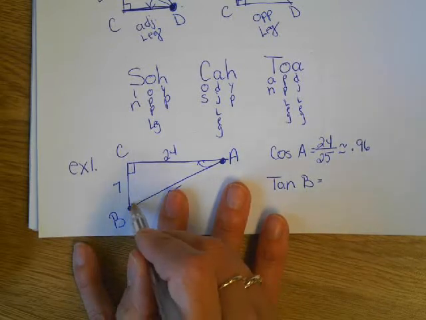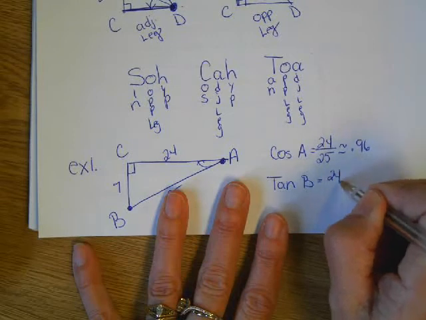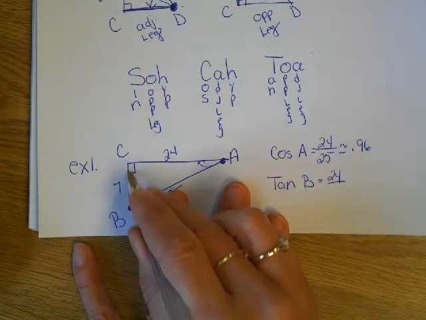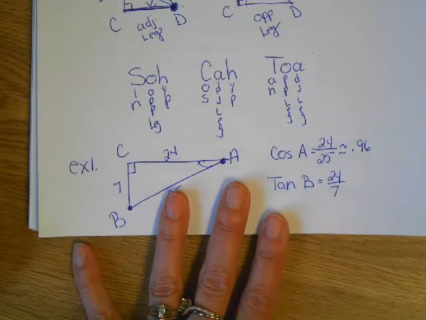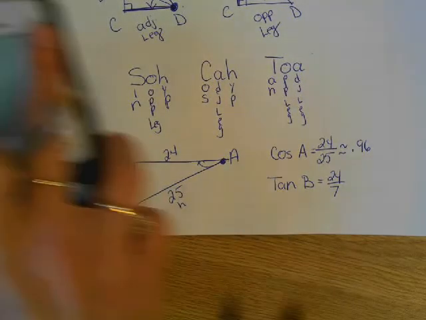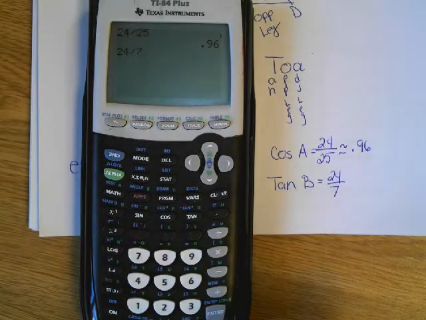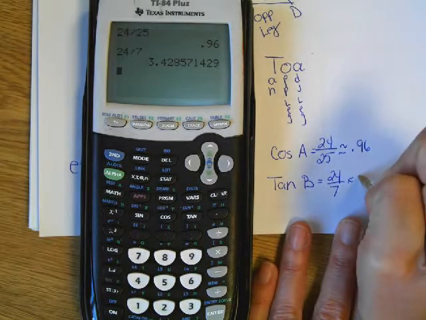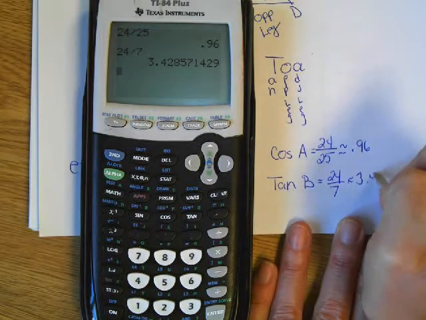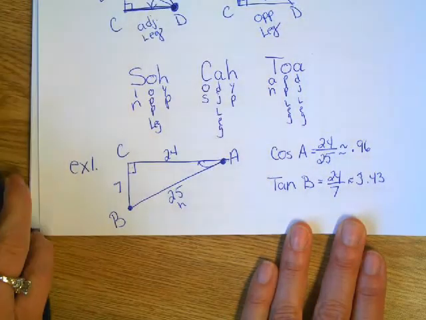Opposite from B, across from it, is 24, over the adjacent leg, the one that runs into it, which is 7. There it is as an exact fraction. If the book asks for a decimal, we just take 24 divided by 7, giving us about 3.43. I do believe they ask you to go out to the hundredths place, so we always round to that second decimal place.